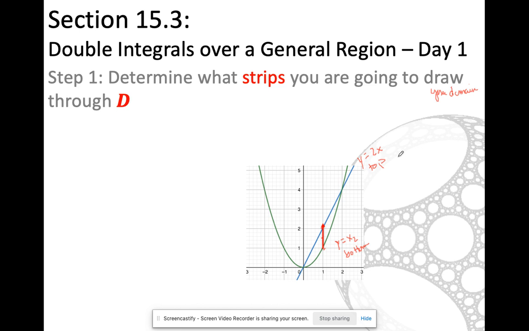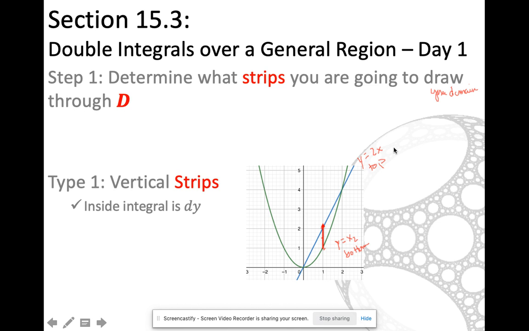Since I can drag my strip, I just chose vertical first, and I dragged it through. And when I dragged it through, the top boundary and the bottom boundary stayed the same. That tells me I can keep going. So if you have vertical strips, the inside integral is dy. Remember I told you that the strip determines whether you're going to have dy dx or dx dy.